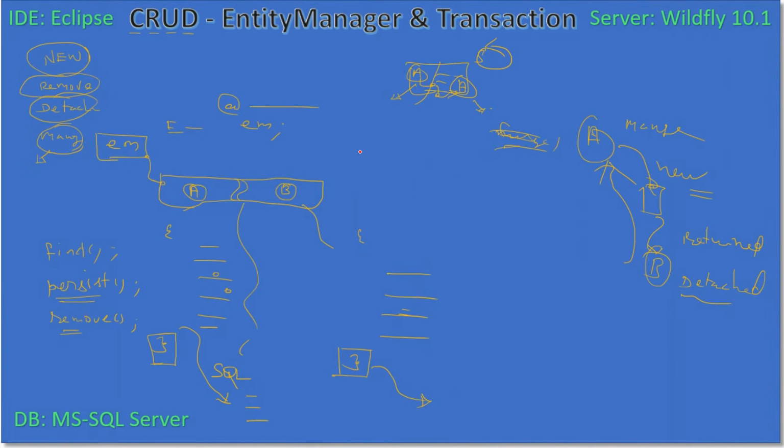Then we talked about the transaction and how the entity manager attached to the business method of the bean layer will perform the transaction commit towards the end of the business method call.